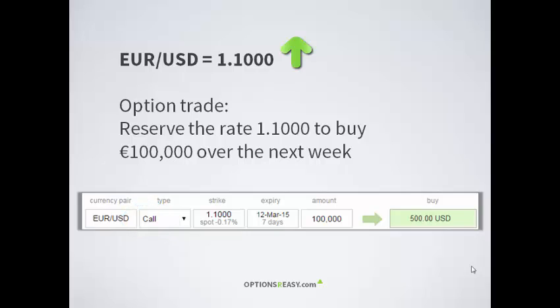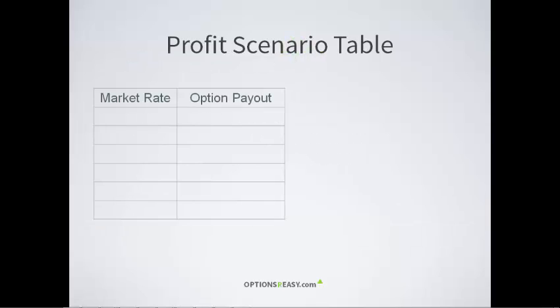Now let's look at the payout scenarios for this trade. So here we have a table, and we're going to calculate the options payout at expiry over a range of market rates. So in a week's time, if the market was trading at 1.15, it means that our prediction was correct. The rate has gone up.